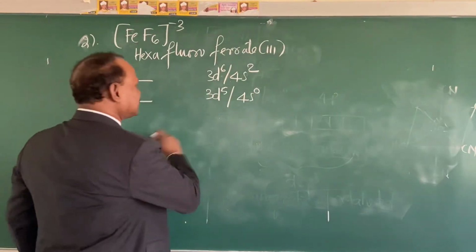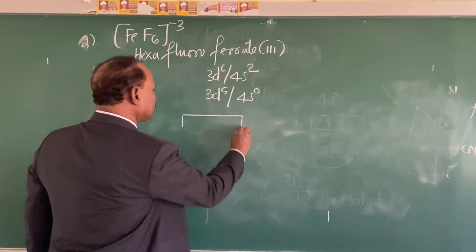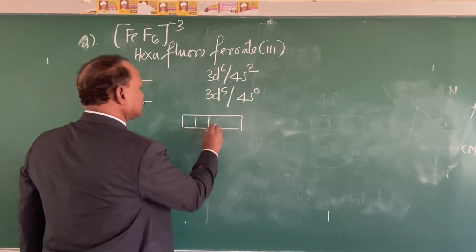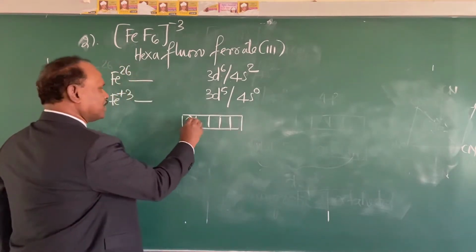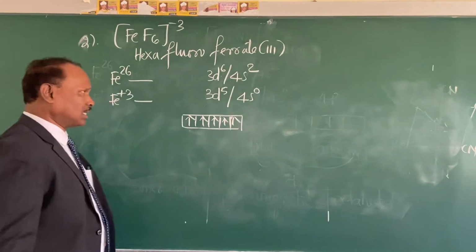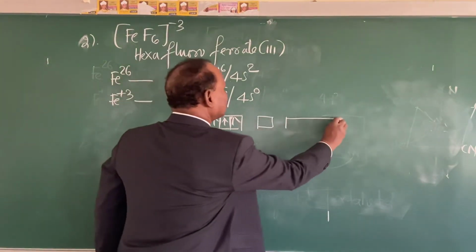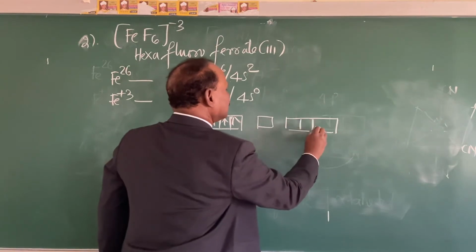I will write this in terms of Hund's rule. So 5 electrons are there. I will write them according to Hund's rule like that. Then 4s is empty. I will also write that 4p is also empty.